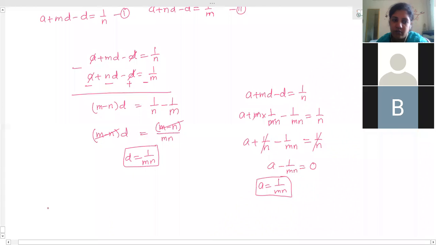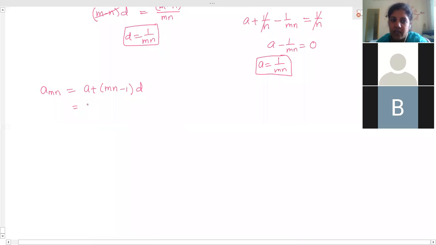Yes, ma'am. Now you have to calculate the mnth term. M into n, so this is the representation. So n value is mn. So it is a plus mn minus 1 into d. Now substitute the value of a. a is 1 by mn plus mn minus 1 into 1 by mn.